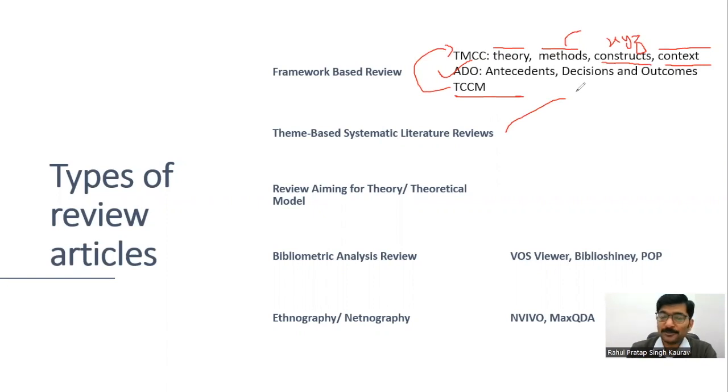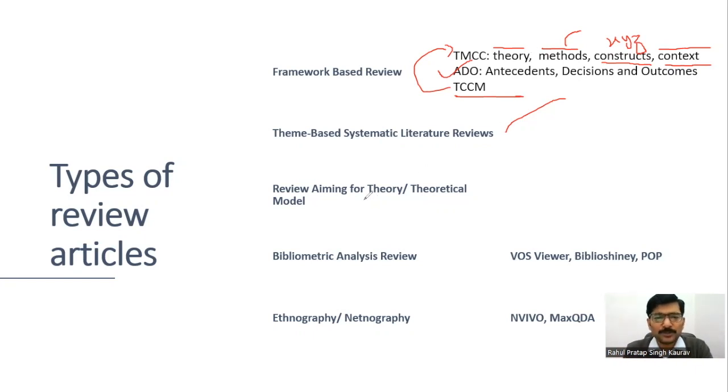How many researchers have done their research work on internal marketing, based on different classifications, country-wise classification, different motivations and challenges, antecedents, consequences, everything which is part of this theme, this idea on which you are trying to conduct the review. That will be counted under theme-based systematic review.